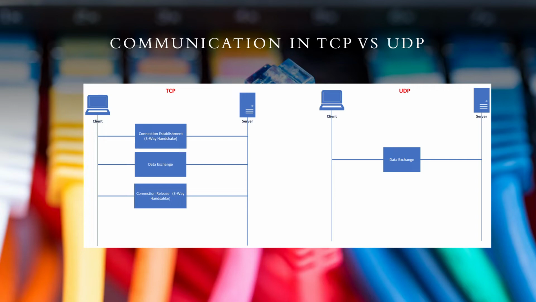Through three-way handshake, a virtual path is going to be created between the client and server, and all segments belonging to a message are going to be sent over this path. In unreliable communications, UDP goes through the data exchange phase without creating or terminating a connection for data exchange.